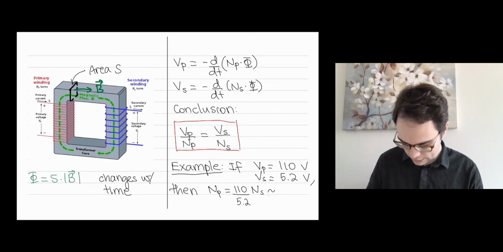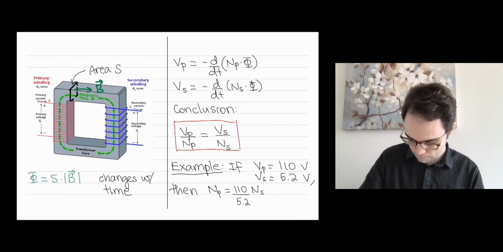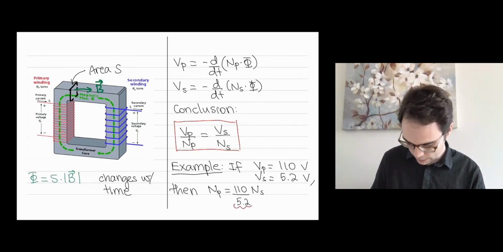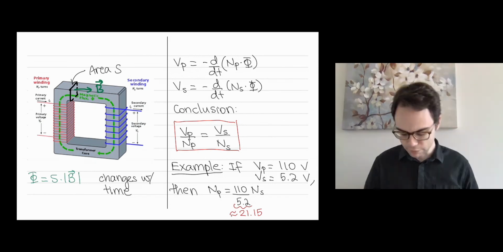If we do the division, that's approximately 21.15 times Ns.